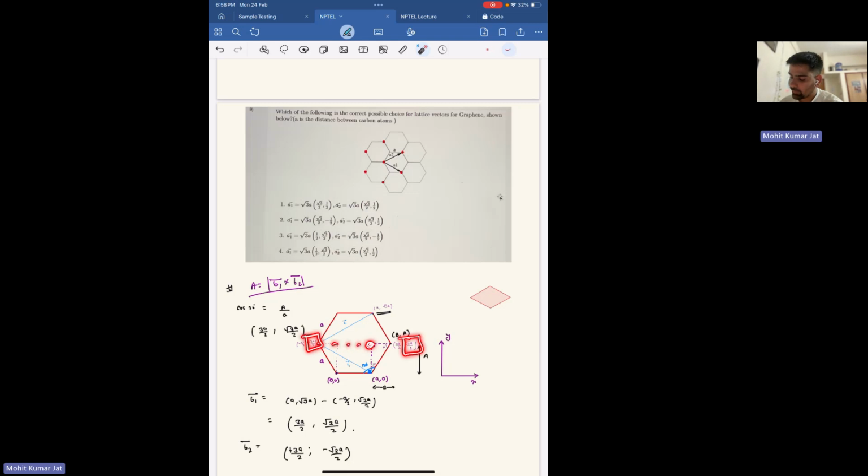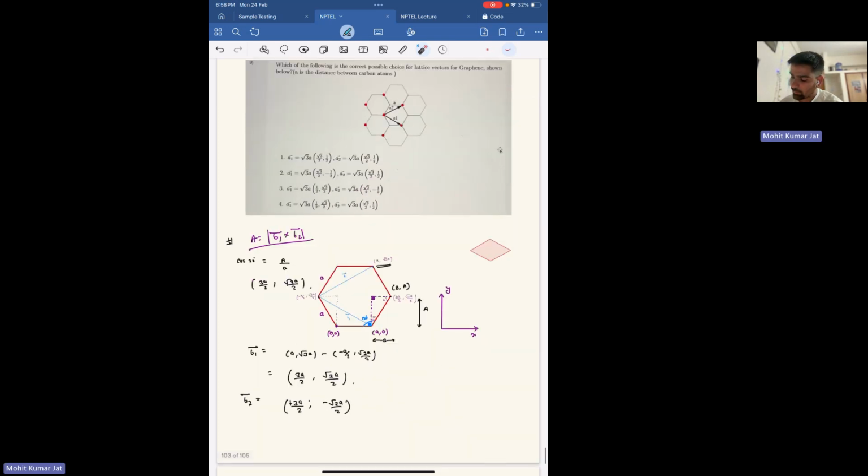If I draw like this, I know that this angle will be 60 degree. Then I do the calculation of B1 and B2. The coordinate of this will be A and root 3A, because I know the height of this one is root 3A by 2. So this will be A, root 3A of this point. This point is minus A by 2, minus root 3A by 2. So that's how we calculate the B1 vector.